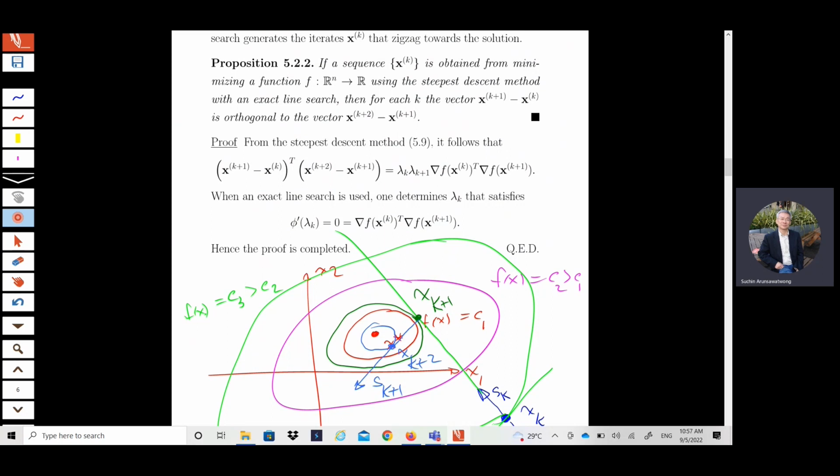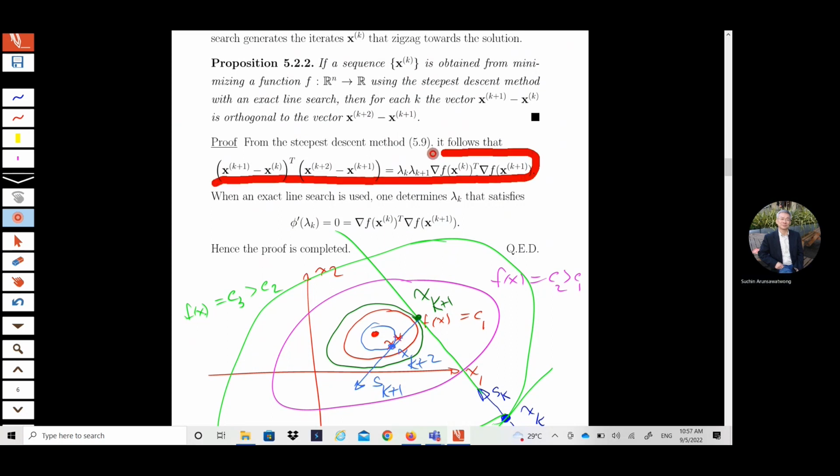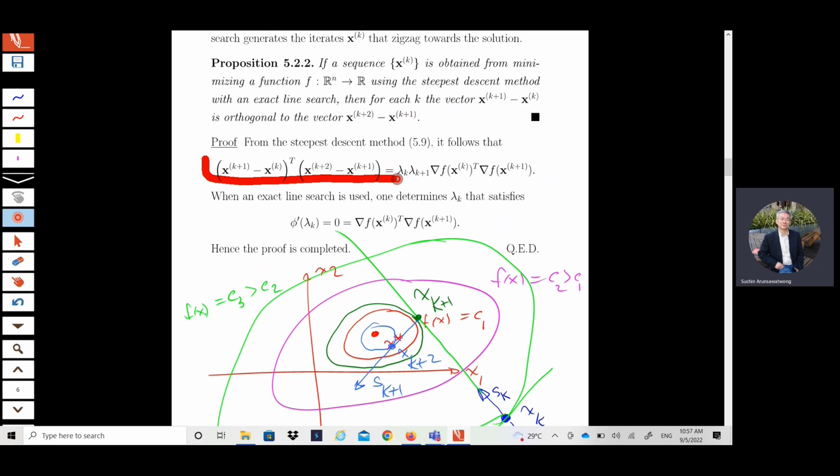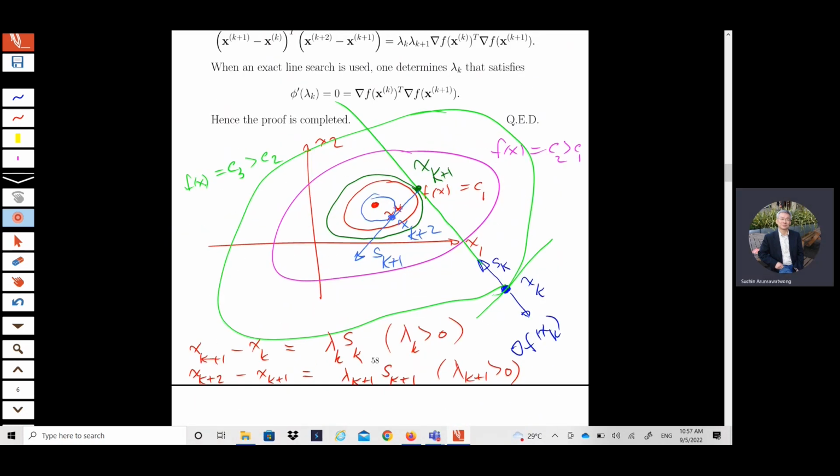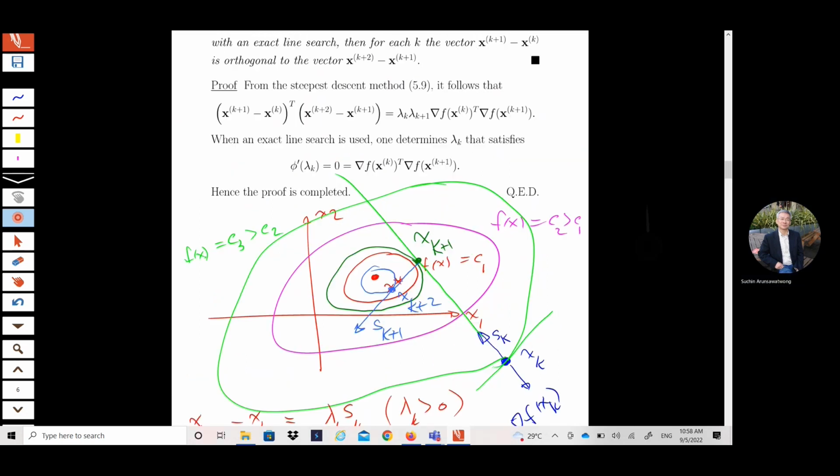Now this is how we arrive at here. Actually, this is quite straightforward, but I illustrate this so that you can see how the steepest descent proceeds in a real situation, in a two-dimensional problem.